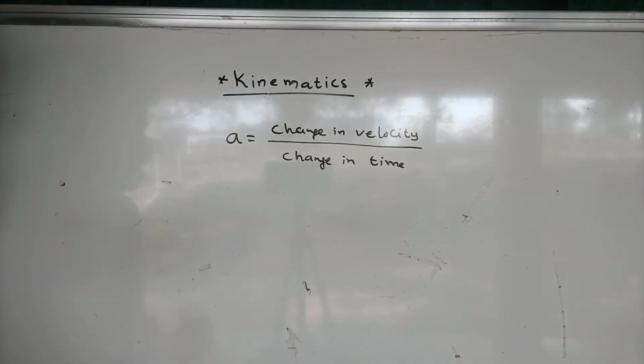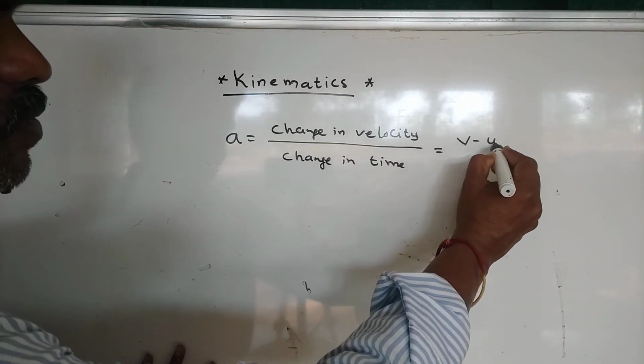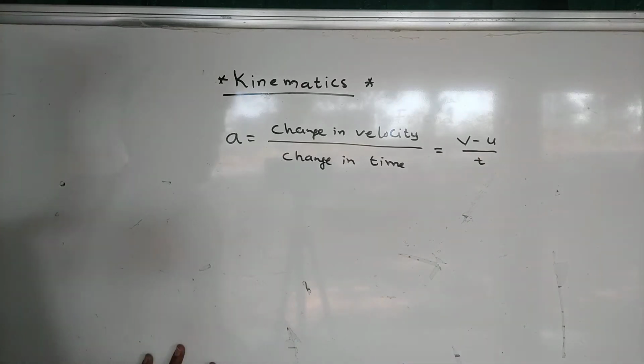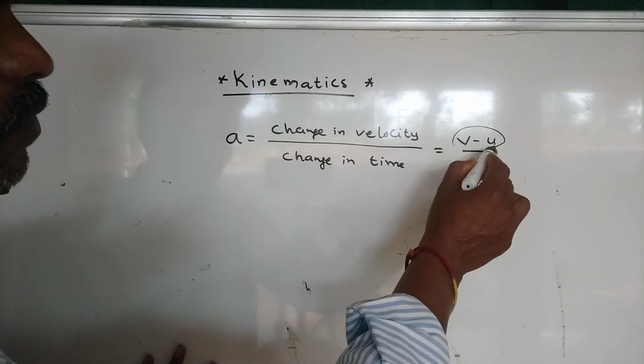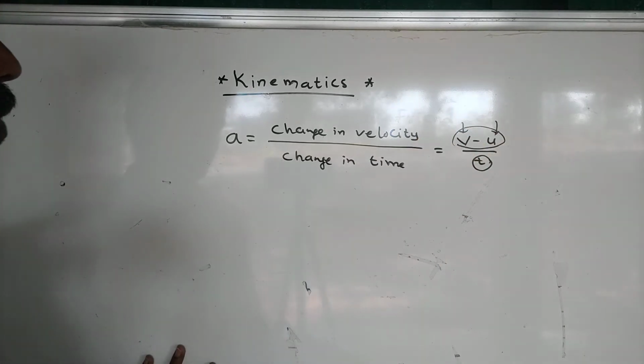That means (v minus u) by t. Here v is final velocity, u is initial velocity, and t is the change in time. So change in velocity by change in time.